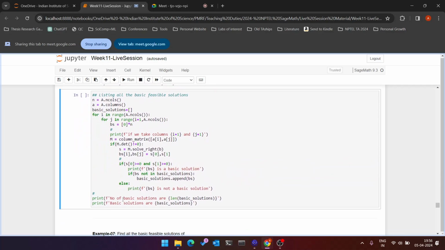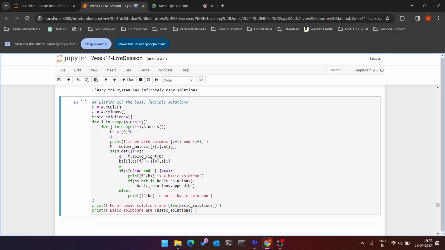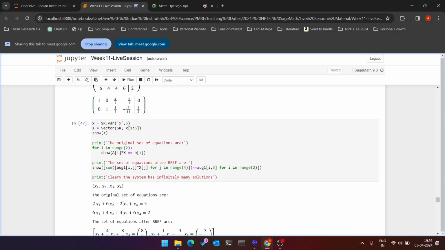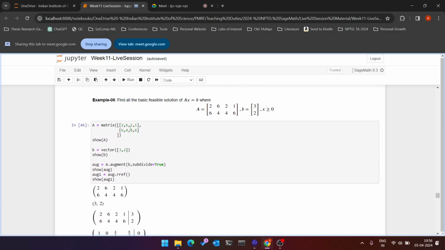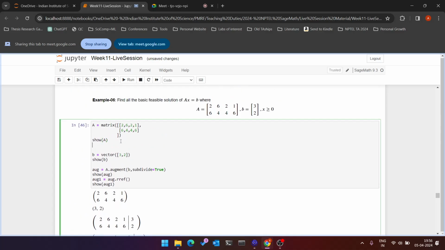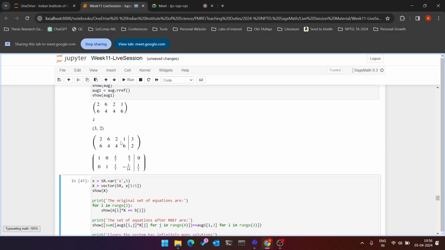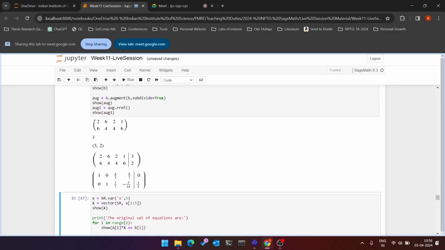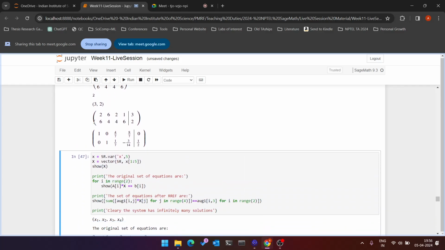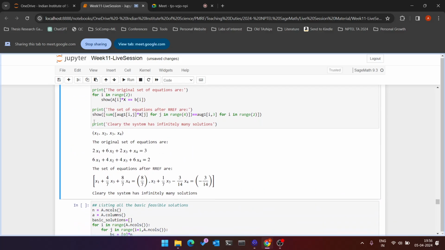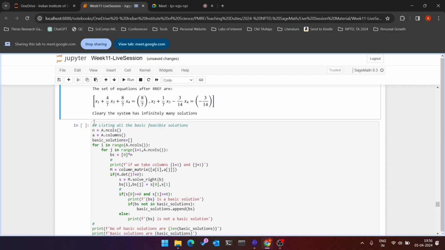Next, we'll be listing all the basic feasible solutions. Again, the same process. Rank of matrix A, I have not checked. I should print that here. Rank of matrix A is 2, so we'll be taking two columns at a time to create a 2 by 2 matrix.